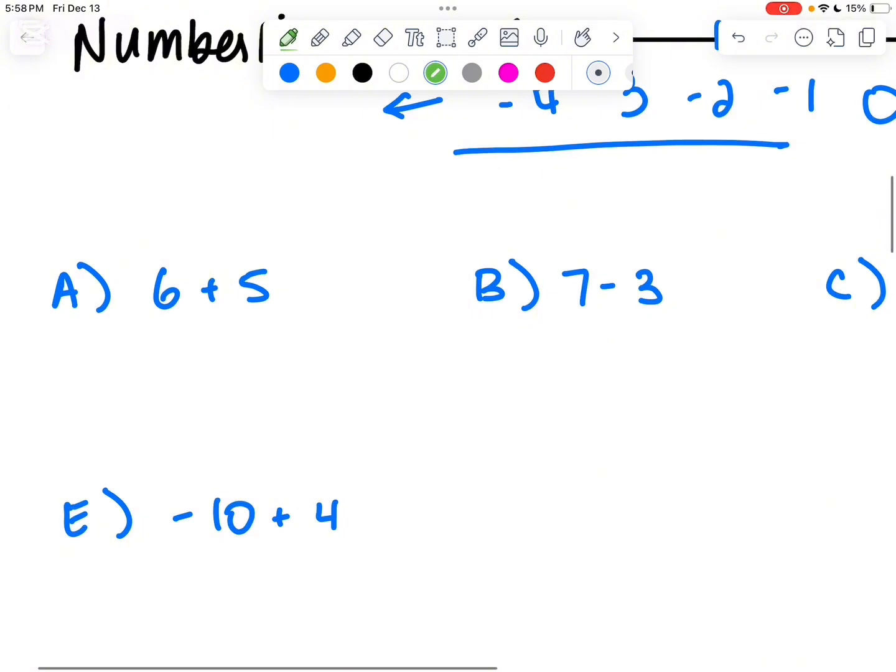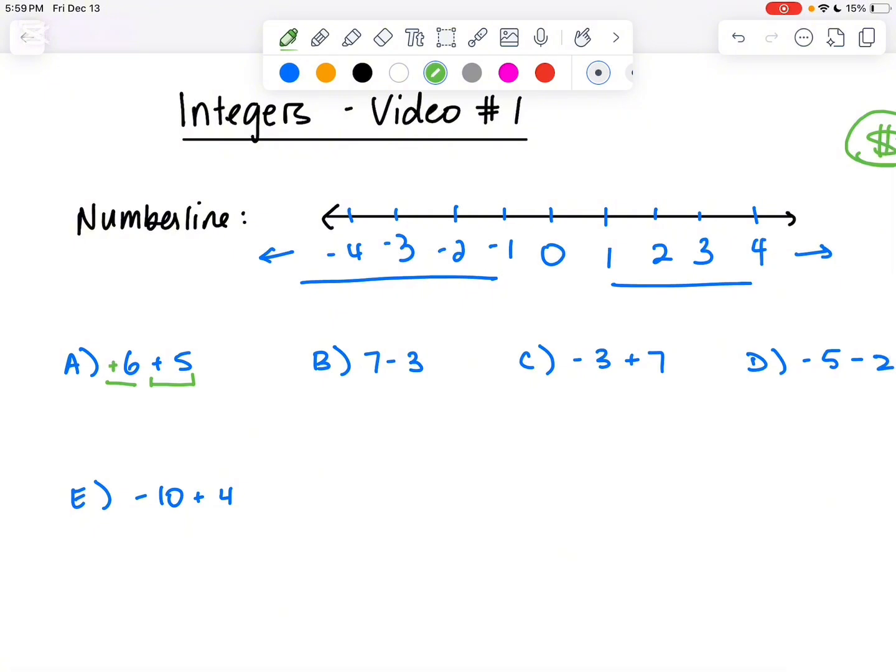Okay, now what's the story that we're going to tell ourselves? Well, if something is a positive number, that means you woke up one morning and you had $6. The +5 tells you that someone now comes and gives you $5. All I want us to think about right now is at the end of each story or question, is this a good day, meaning we have money, or is it a bad day, meaning we're in debt?